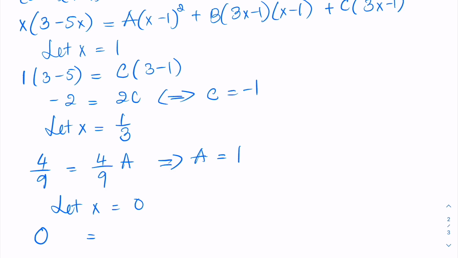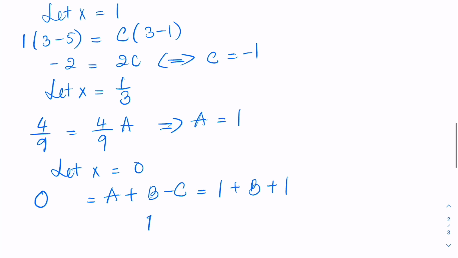And then I already know A, so I plug it in, I'm going to get A plus B minus C. So A is 1, we don't know B, and we know C. So B must be negative 2.